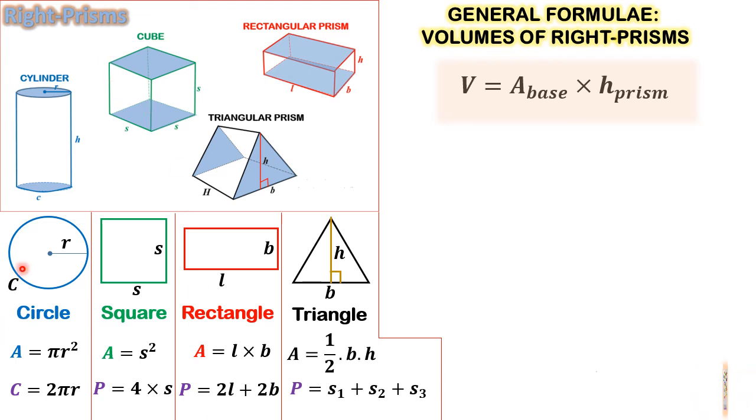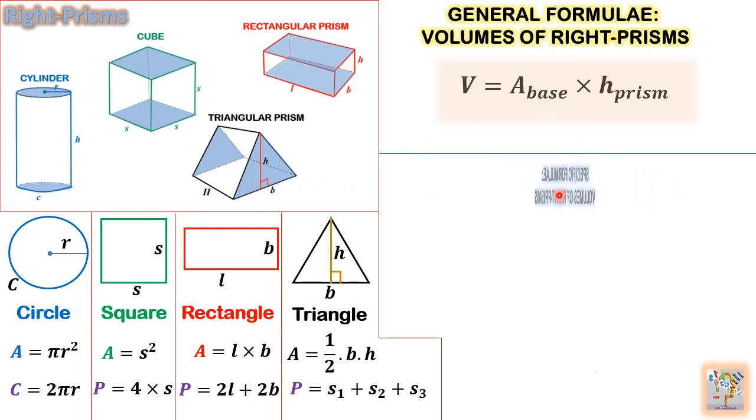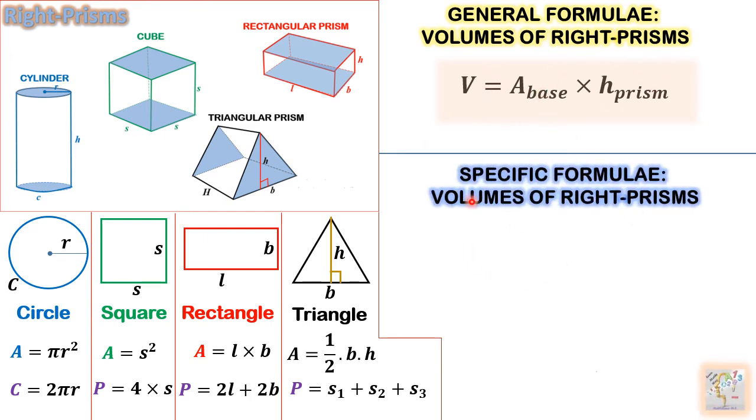They are congruent in every way. So the area of the base or the area of the top multiplied by the height of the prism, that will always give you the volume. Now we will use this general formula to come up with specific formulae for all these particular prisms.